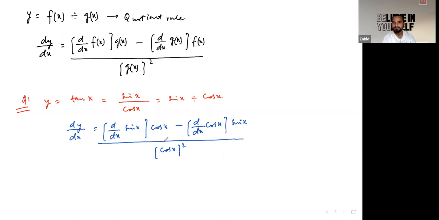Is it clear? Akash, any doubt? No, sir, till this part. Okay. Just write it down and try to simplify it. We have the formula for differentiation of sin x. We have the formula for differentiation of cos x. Put all the values and try to simplify it.